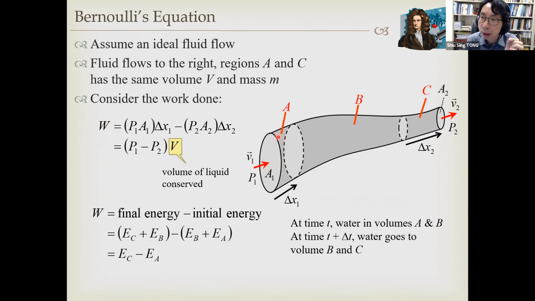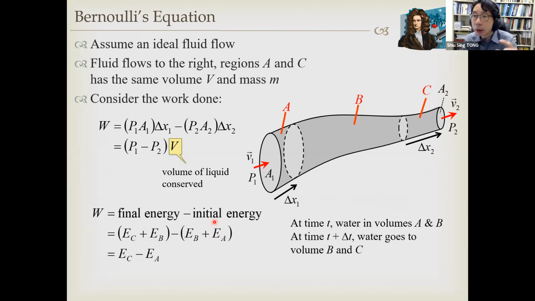EA means the mechanical energy in volume A, and EB means the mechanical energy in volume B. In the time delta t, the liquid moves out of volume A to volume C, so the final liquid is in volume B and volume C. The final energy is EB plus EC, and the initial energy is EB plus EA.